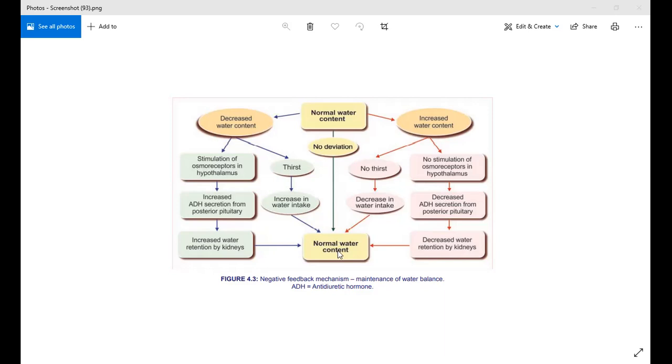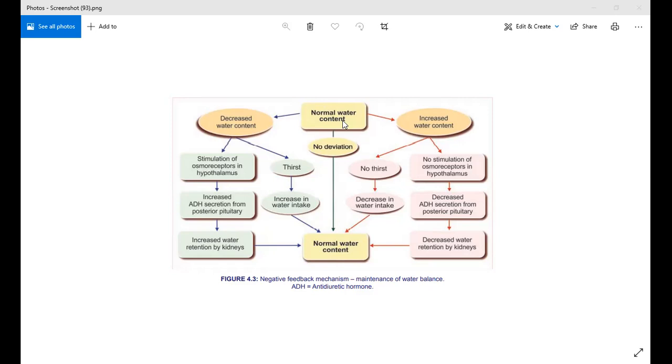So you will now have excess water in your blood if you don't stop the antidiuretic hormone. So you have to stop antidiuretic hormone, and that is why it is called a negative feedback. So now you have the normal water content here, okay?